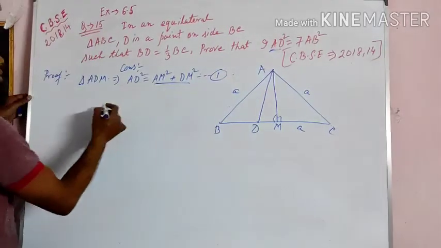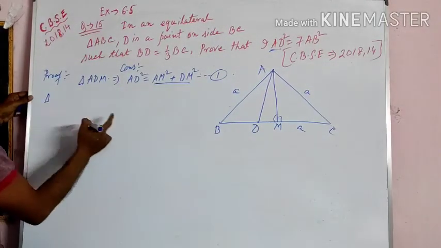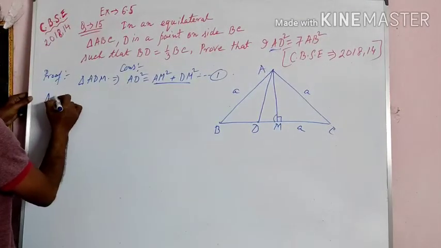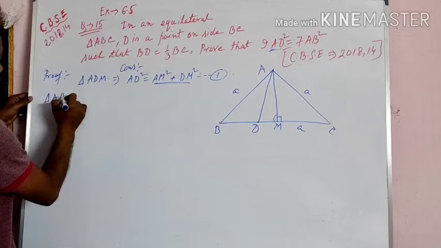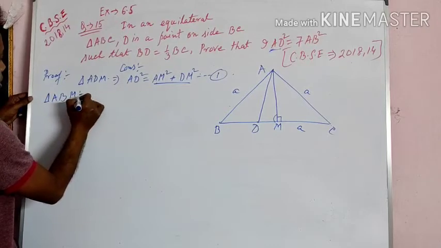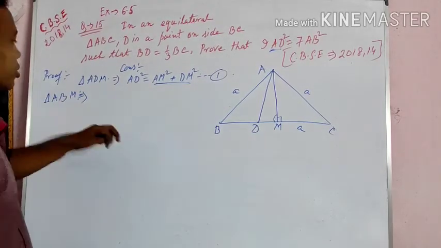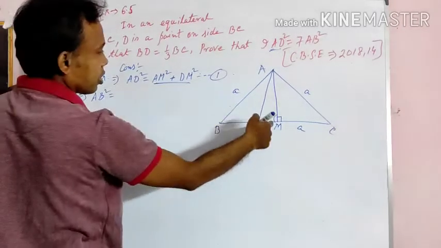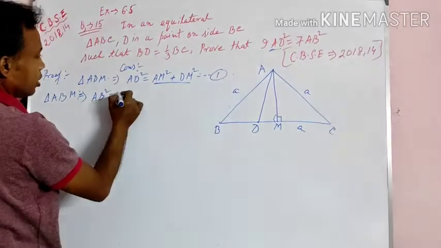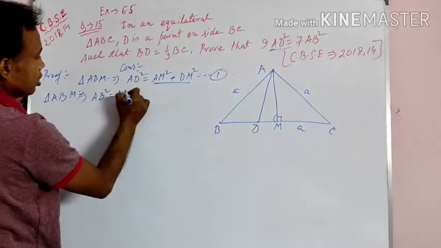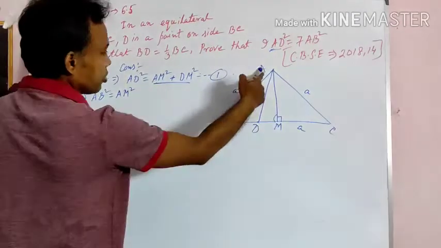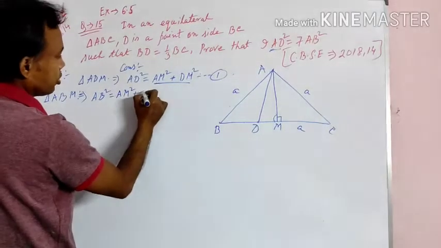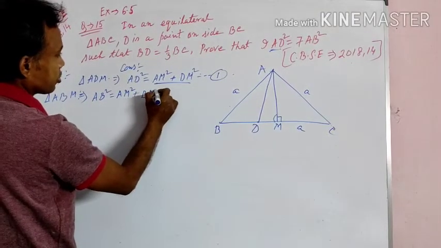So from right angle triangle ABM, applying Pythagoras theorem, AB square is equal to AM square plus BM square.